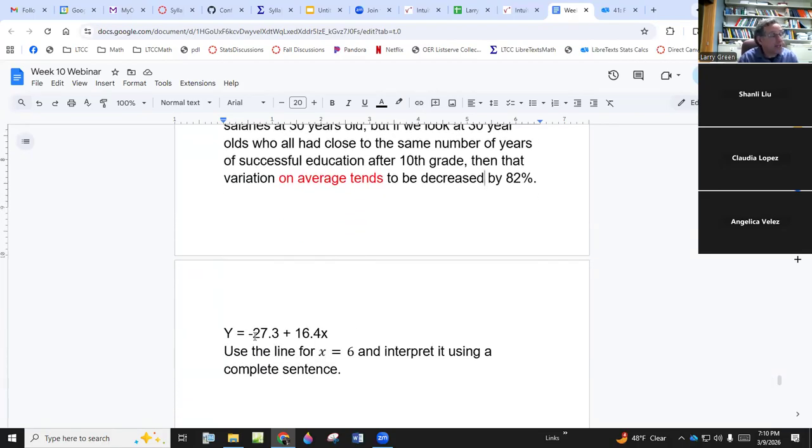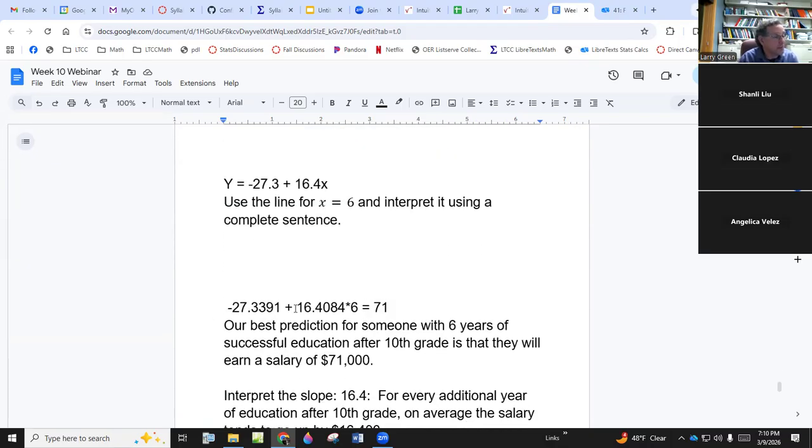Okay, so the equation of the line was negative 27.3 plus 16.4x. So if we want to interpret this whole line, let's say you want to predict at x equals 6. So in other words, if someone has 6 years of education after year 10 of high school, so that's basically, they finish in 4 years, it's a bachelor's degree.